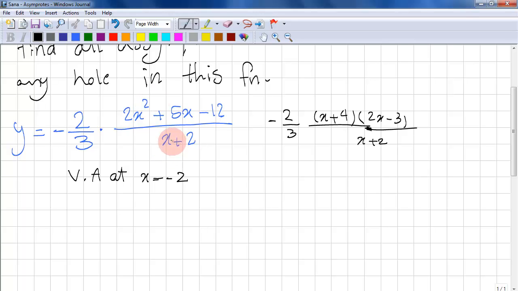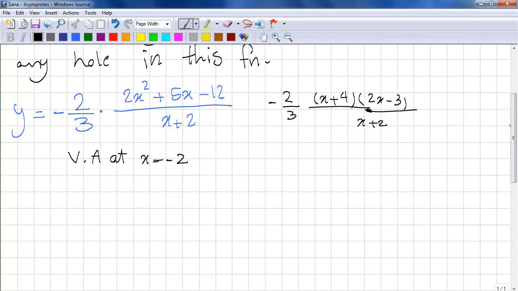We don't have a horizontal asymptote, but we do have a slant asymptote, and we find it by synthetic division. So a for this one is -2, divided by 2, 5, and -12.